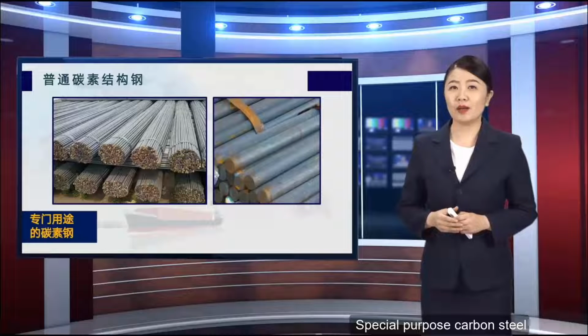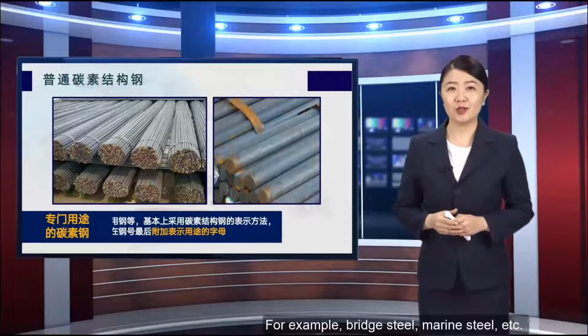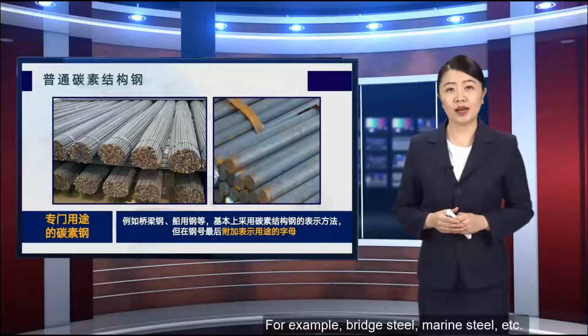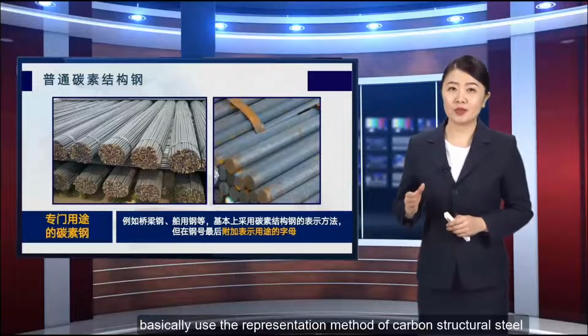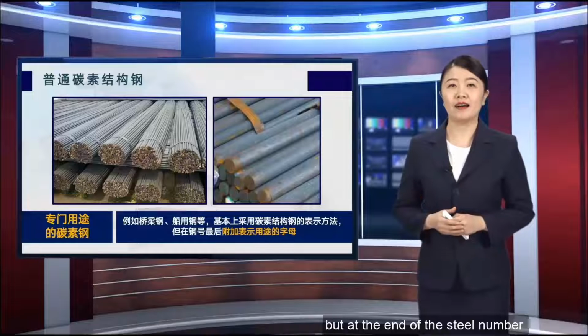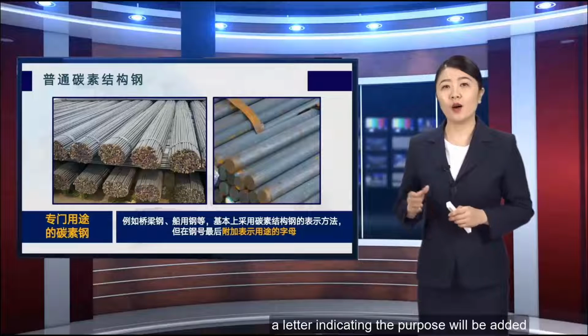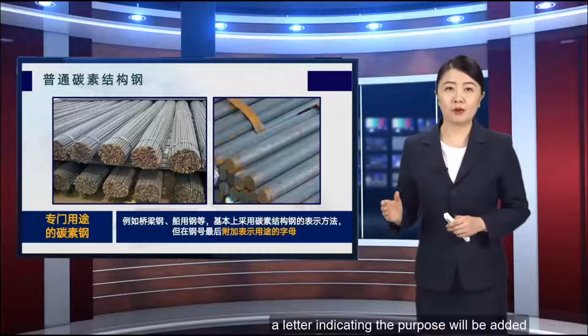Special purpose carbon steel, for example, bridge steel, marine steel, etc., basically use the representation method of carbon structural steel. But at the end of the steel number, a letter indicating the purpose will be added.